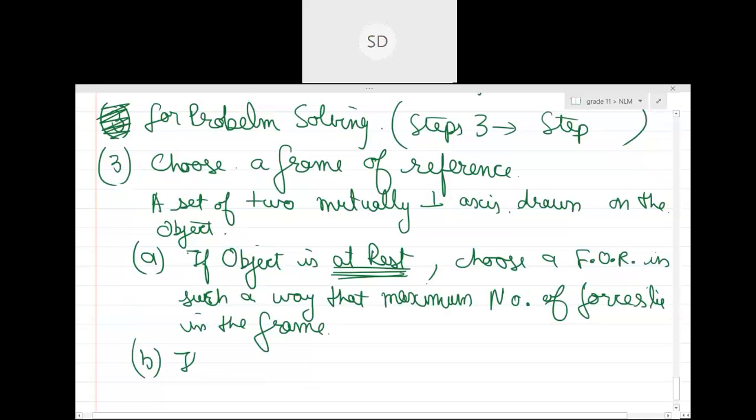If the object is accelerating, so please remember rest or uniform motion is one and the same thing. For rest and uniform motion, you apply the same thing.